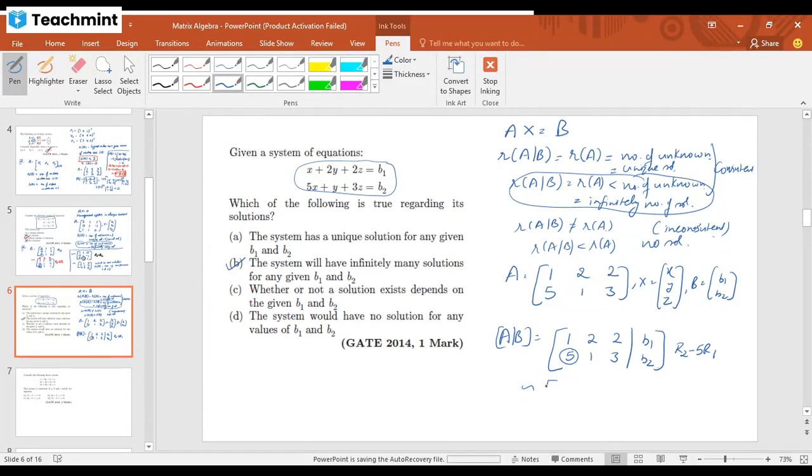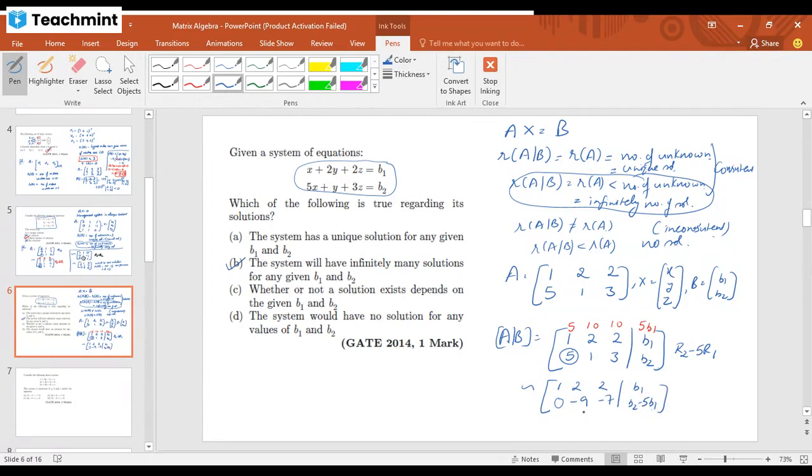So 1, 2, 2, and 5 minus 5 is 0. R2 minus 5 times R1: this is 5, 10, 10, and 5 times B1. So 5 minus 5 is 0, 1 minus 10 is minus 9, 3 minus 10 is minus 7, and on this side, this is B1, this is B2 minus 5B1.